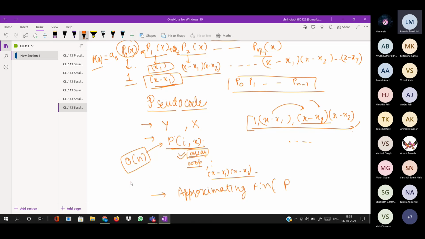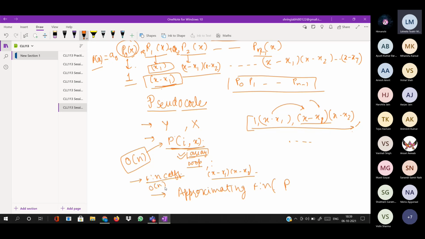So we have to write one more function, right? Yes, sir, to calculate the coefficients. And how much time do we take to calculate the coefficients? Sir, big O of n.